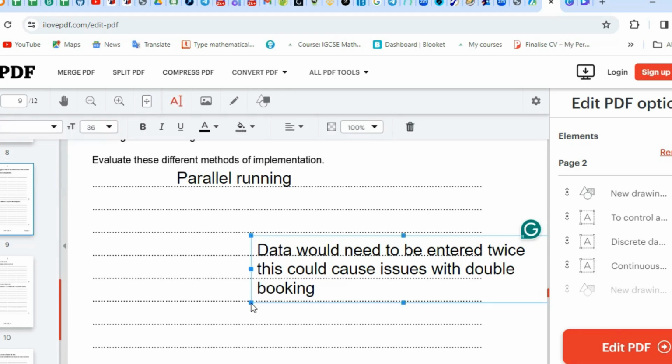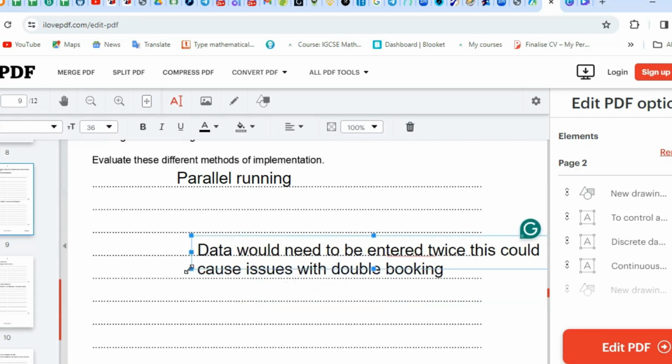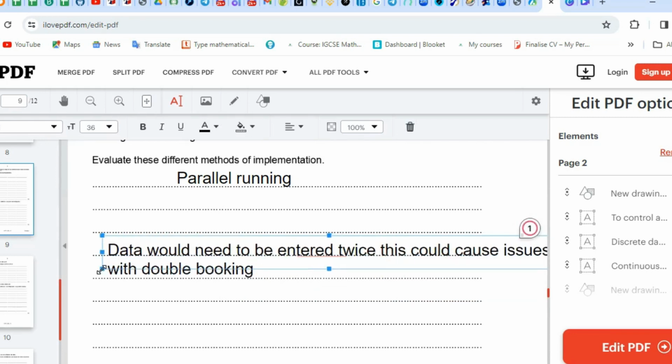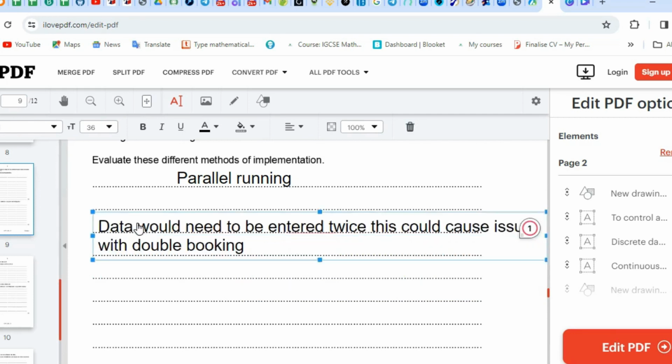So this is one explanation or evaluation of parallel running.